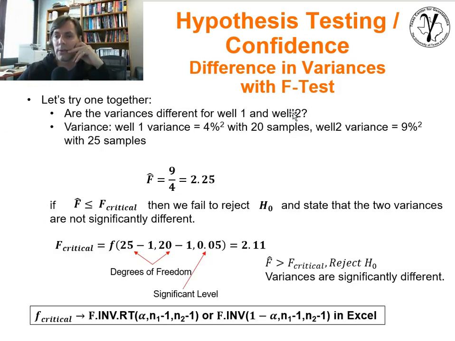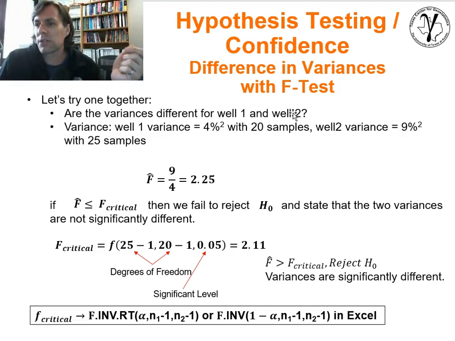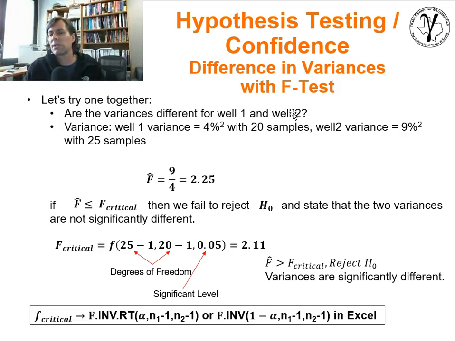Okay, so let's try another example together. Are the variances different between well 1 and well 2? In this example, well 1 variance is 4% squared, so the standard deviation would be 2, and well 2 variance is 9% squared, so the standard deviation would be 3. They each have 25 samples.